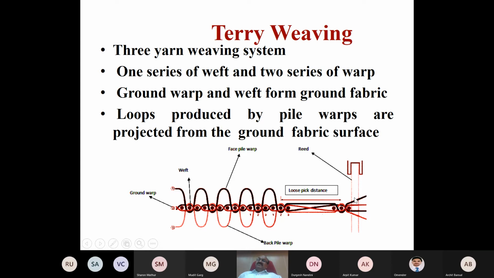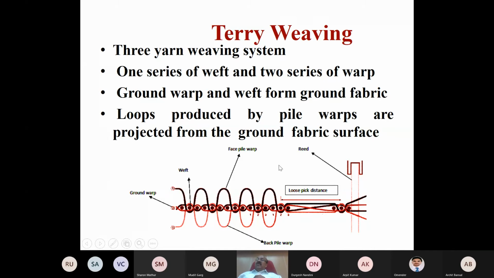As you can see here, this one, look at my cursor, we call it pile warp, and the warp which remain in the ground in the center, we call it ground warp, and dots are weft. So as a whole, this is a 3-yarn weaving system. 2 sets of warp, one is called pile warp and another set is ground warp, and third yarn is weft yarn.